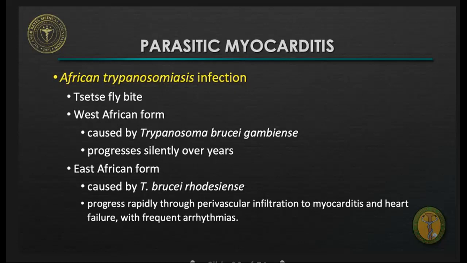So the diagnosis is made by identification of the trypanosomes in the blood, lymph nodes, or other affected sites. Development of optimal drug regimens remains limited and depends on the type and the stage, either hemolymphatic or neurologic.